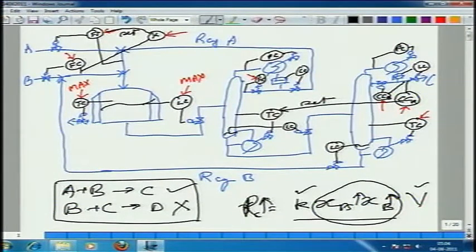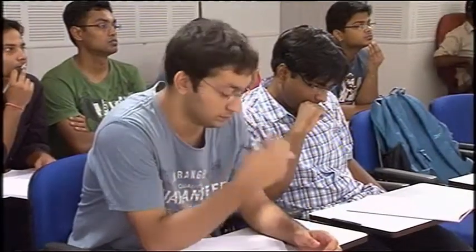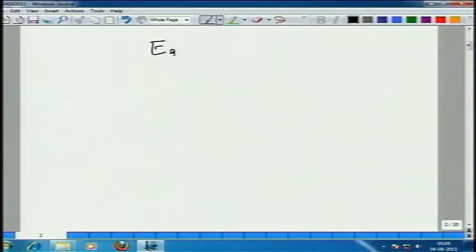So basically what that is saying is that the activation energy of the desirable reaction is actually greater than that of the undesirable reaction if your system is irreversible reactions. So something follows from this. The energy of activation of, let us say, reaction 1, which is desirable, will be less than the energy of activation of the side reaction.